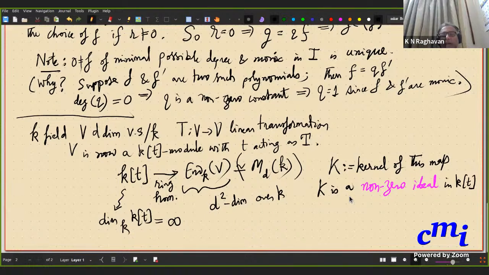In fact, it's a fairly large ideal. Is this okay?